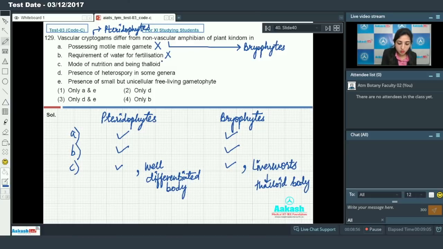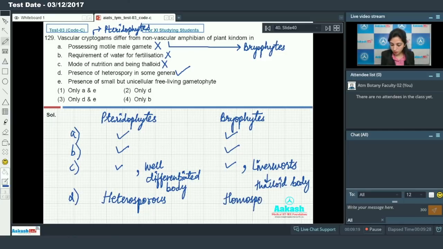So this option is also ruled out. Presence of heterospory in some genera. Pteridophytes differ from bryophytes in presence of heterospory in some genera. This is correct. Some of the members of pteridophytes are heterosporous, whereas bryophytes are homosporous.